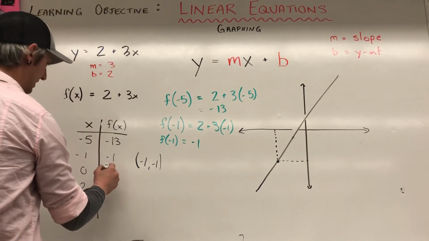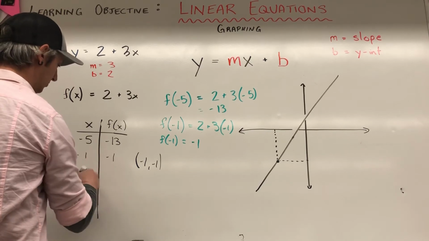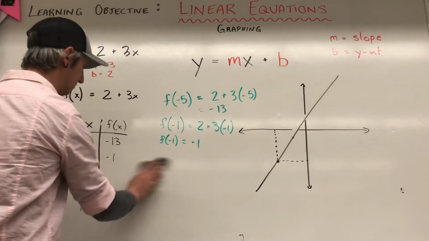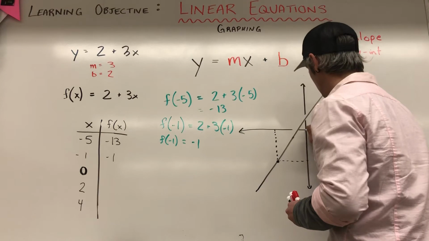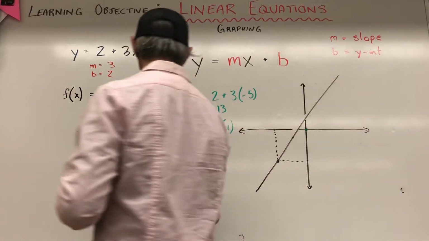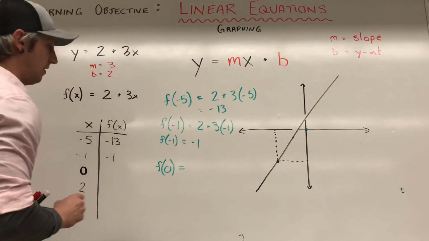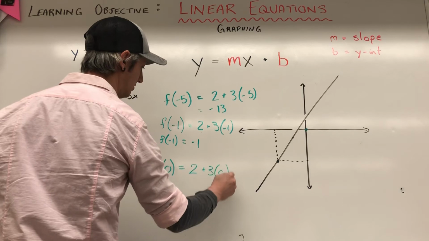Let's say I had, what's my output when my input is 0? So when x is 0, what's my output? 2 plus 3 times 0.